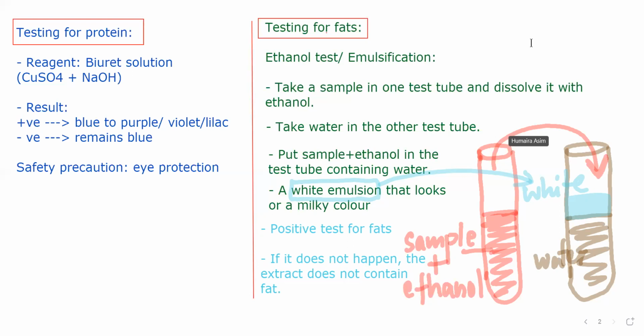As you already know, we are putting ethanol in it. So whenever we talk about ethanol, whether chemistry or biology, we know the safety precaution is that it is flammable. So you need to keep it away from fire. So this is how we have completed all our 4 tests.